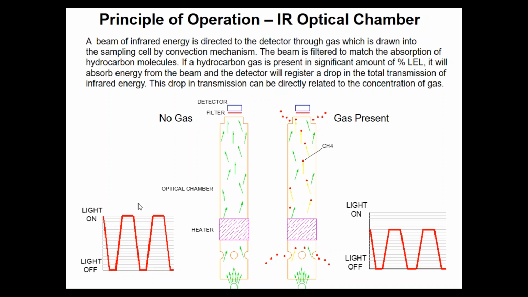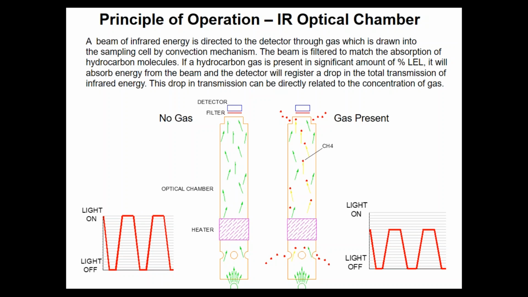And that happens 0.8 seconds each cycle. What that means is that over time, the IR detector is looking at light on, light off, and determining where that absorption of light is.